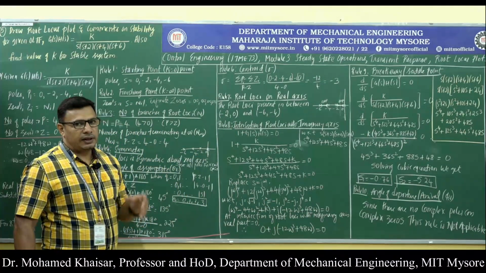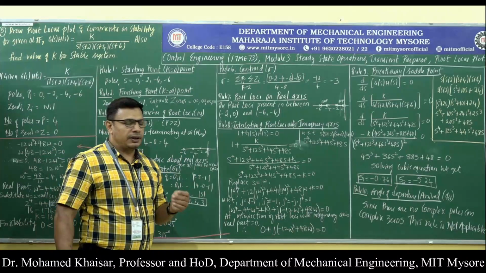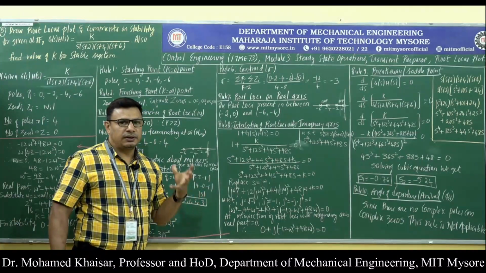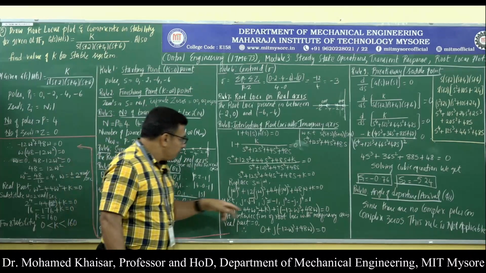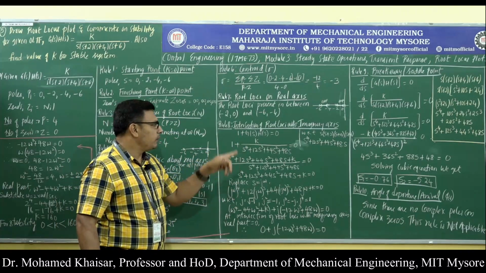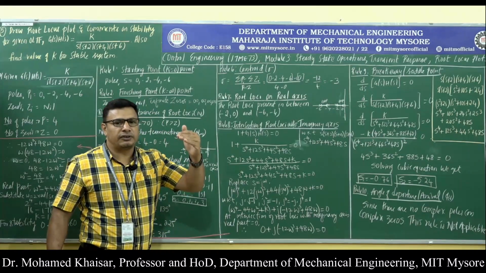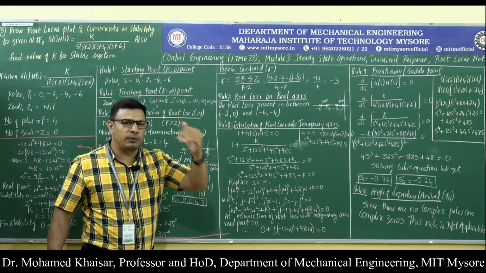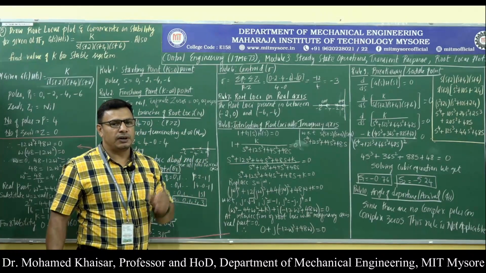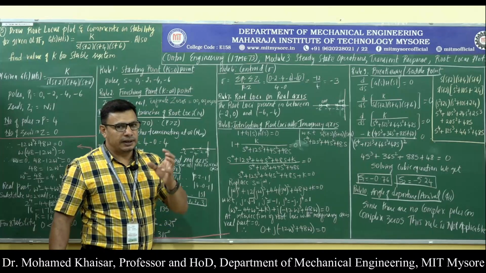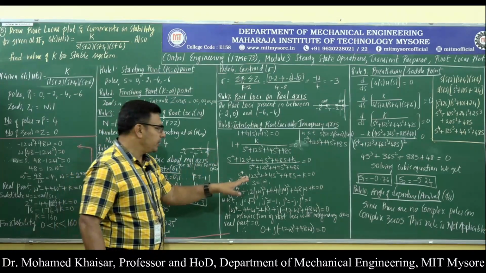Now, this is where we have to apply our knowledge as well as the conceptual learning. We are trying to find the intersection of root loci with the imaginary axis. At the intersection of root loci with the imaginary axis, what will be the value of omega and what will be the value of gain k, that is what we are trying to find in this particular rule.